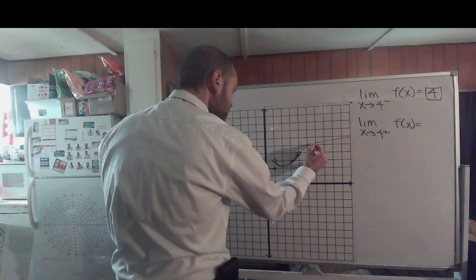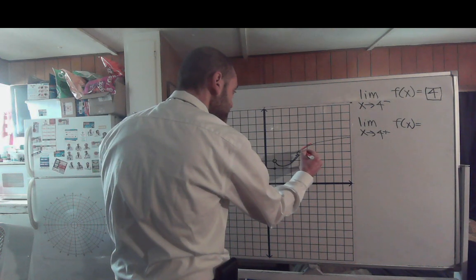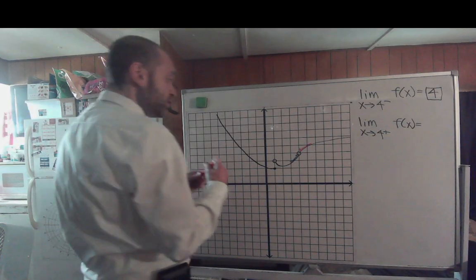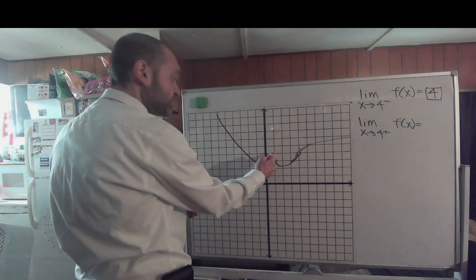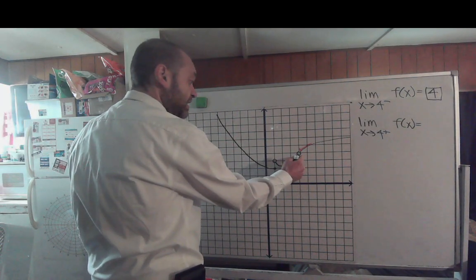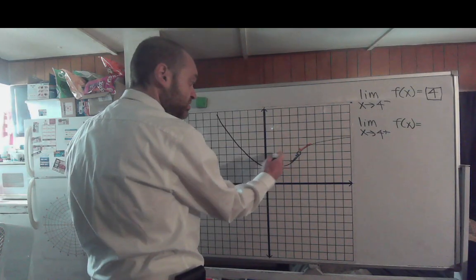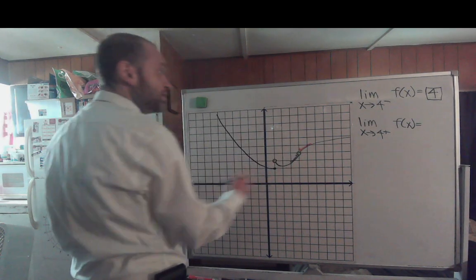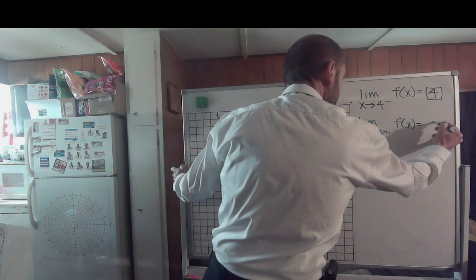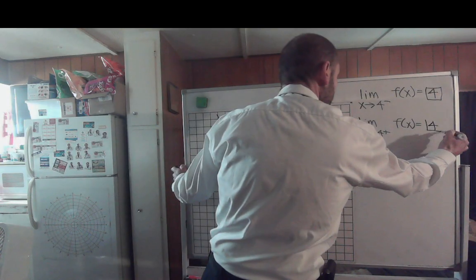So I'm going to go along the graph, approaching x equals 4 from the right. Notice I'm still getting closer to that y value of 4, even though it may not be defined at x equals 4 itself. I'm still getting infinitely closer and closer to 4. So the right-handed limit also equals 4.